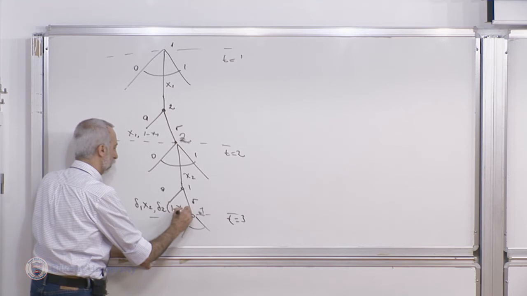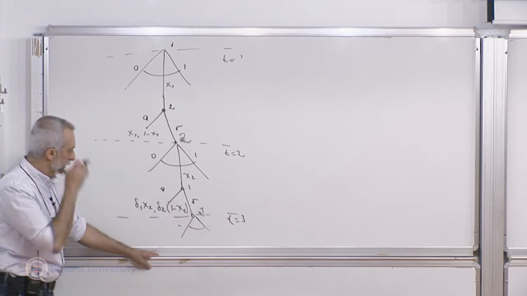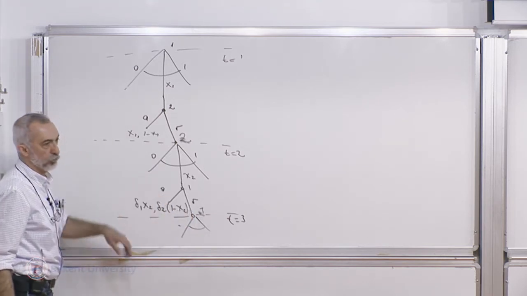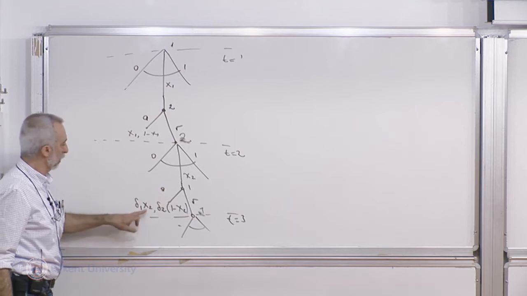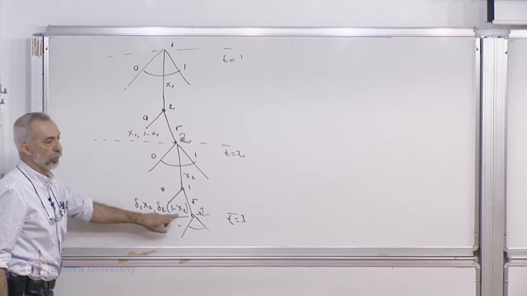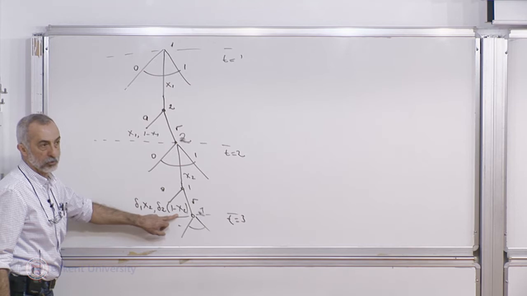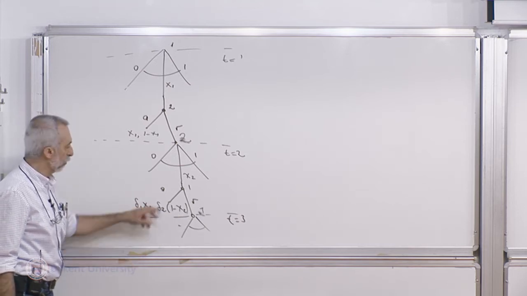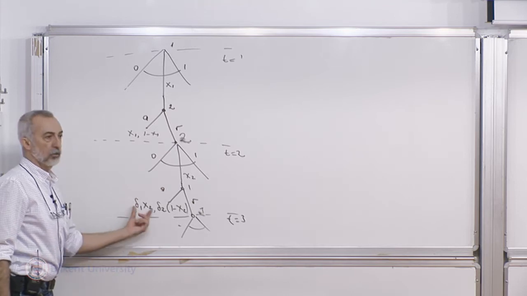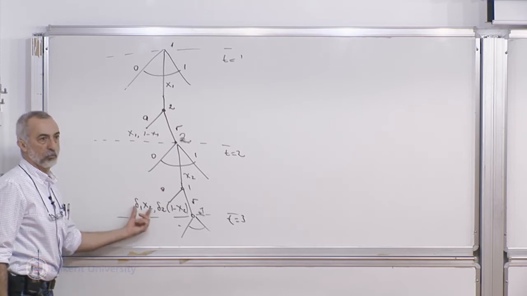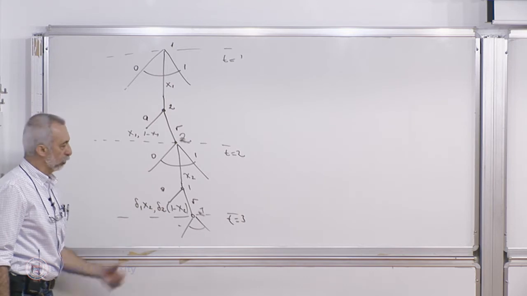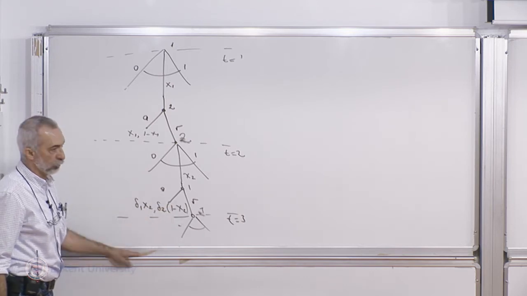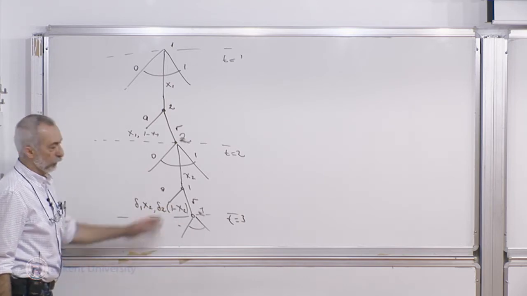So if they agree on a division at period 2, a division where agent 1 gets x2 units and agent 2 gets 1 minus x2 units, their payoffs are delta 1 times x2 for agent 1 and delta 2 times 1 minus x2 for agent 2, and then we keep going on like that.